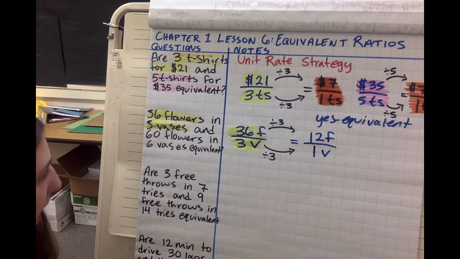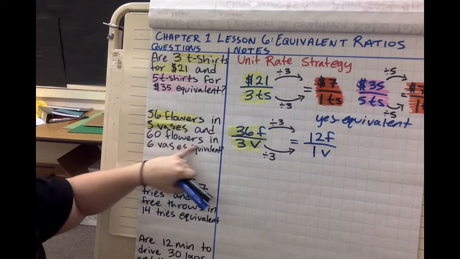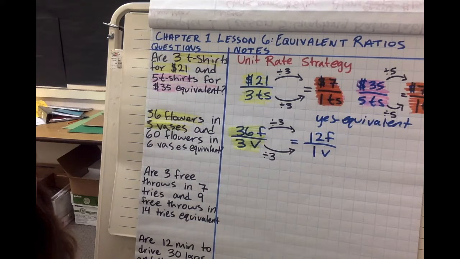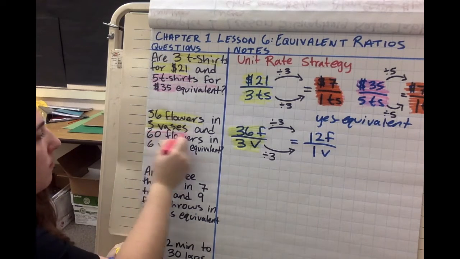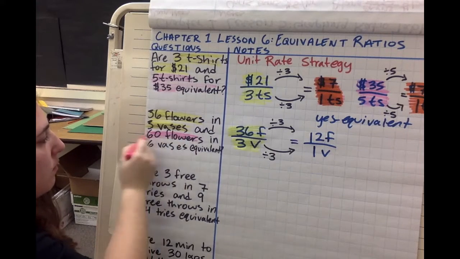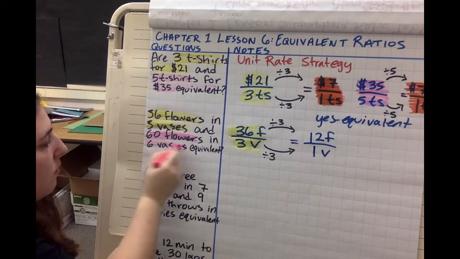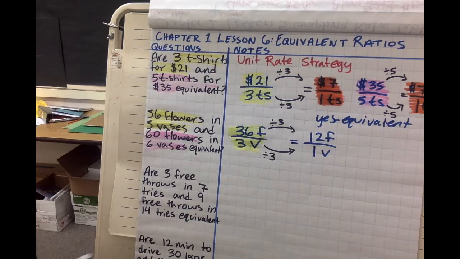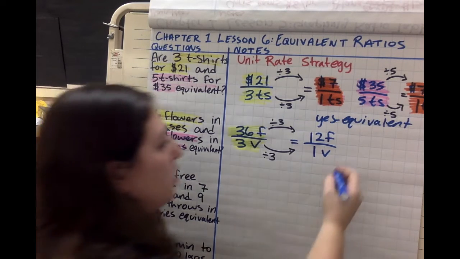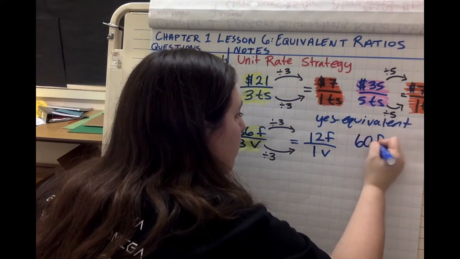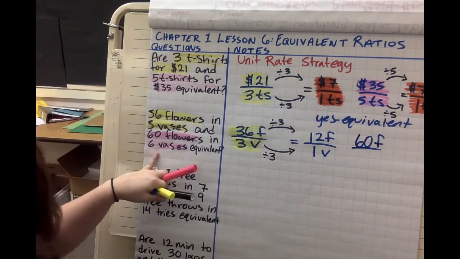All right. Now I'm going to look at my next rate. 60 flowers in 6 vases. Okay, so 60 flowers, that's going to go on top in 6 vases.